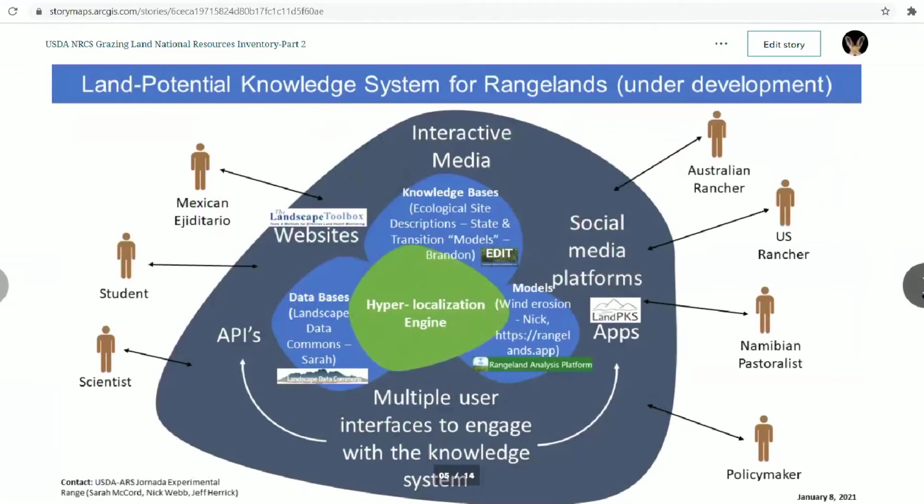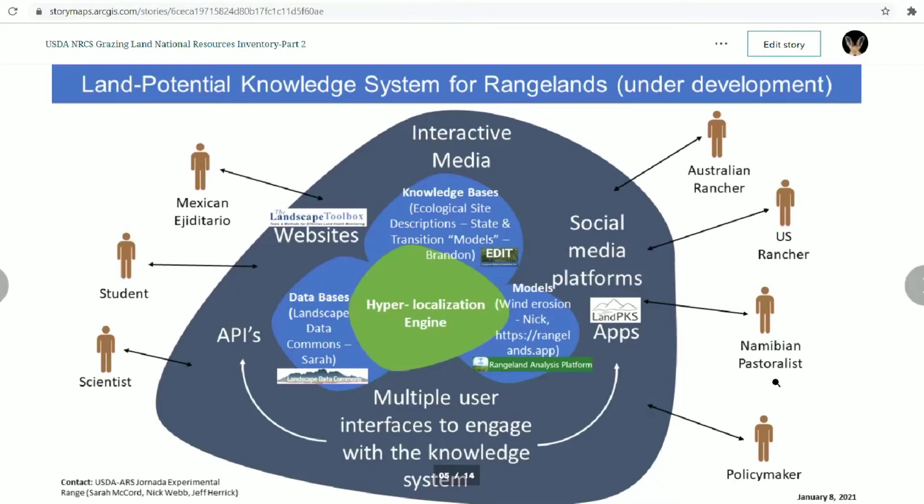Another effort currently using NRI data includes the USDA ARS and collaborators who continue to build a broad Land Potential Knowledge System, or LandPKS, which integrates data from NRI, the BLM's AIM, and LandPKS itself to fill in gaps in field data coverage and further improve research predictions, such as those generated by the Rangeland Analysis Platform.